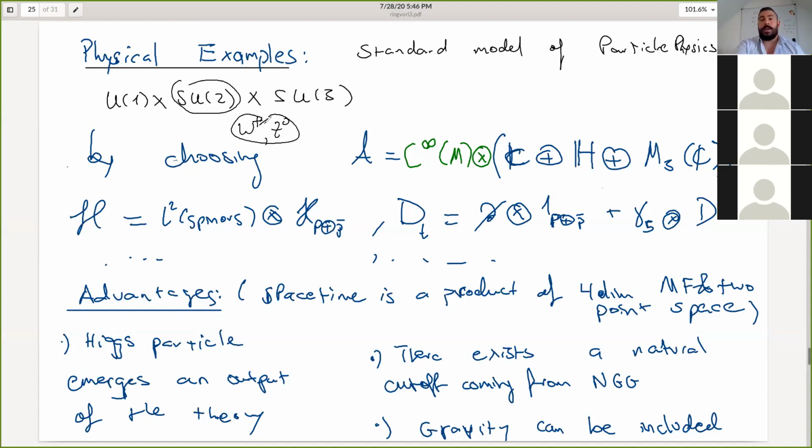It emerges as a solution of the theory, basically. So again, the Higgs particle is the particle that gives those SU(2) particles a mass. That is related to so-called spontaneous symmetry breaking, and this can be explained pretty well in this framework of non-commutative geometry.